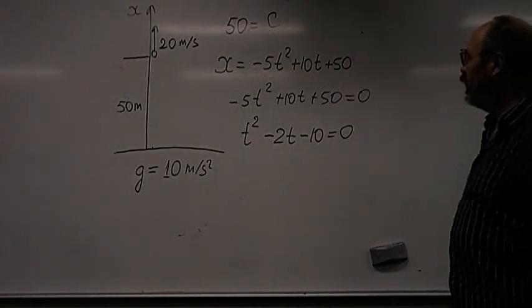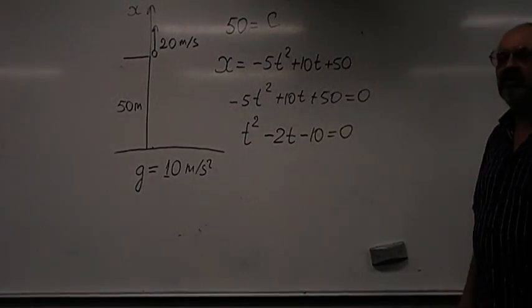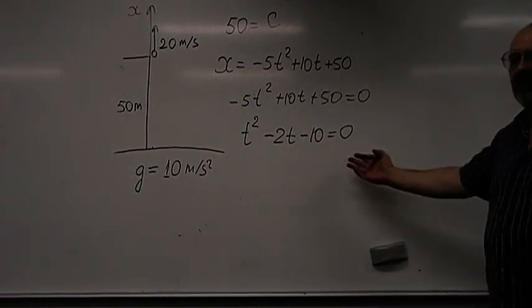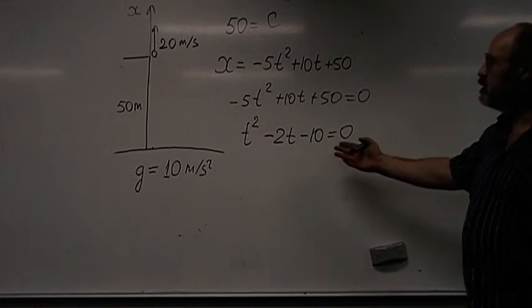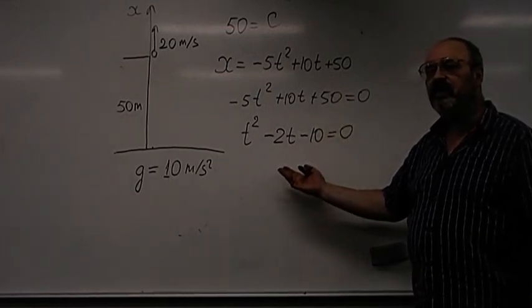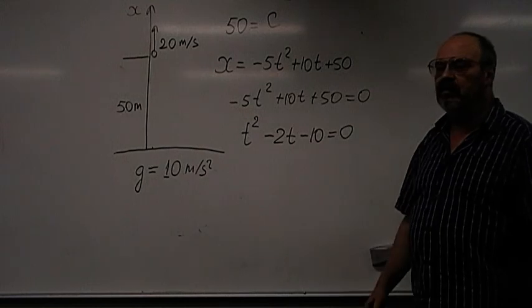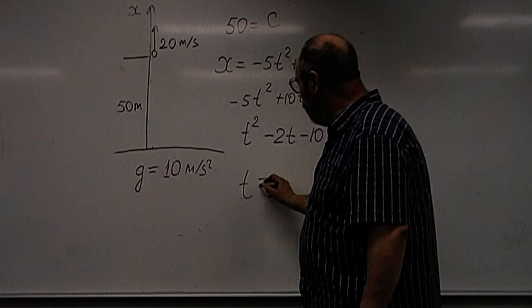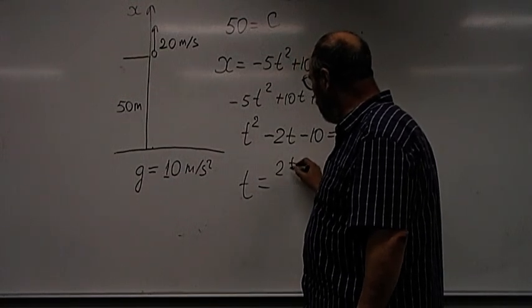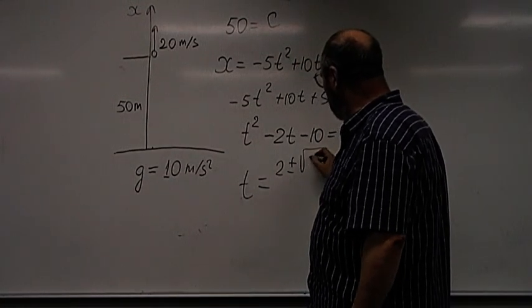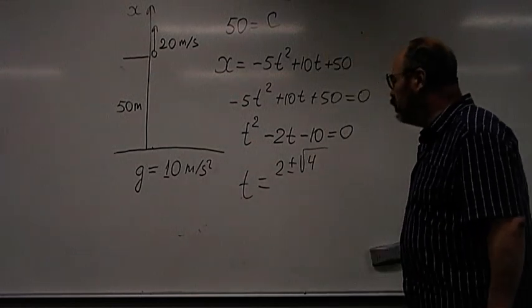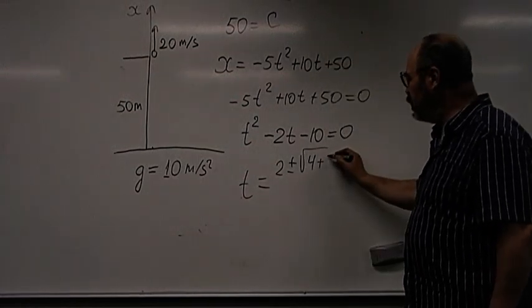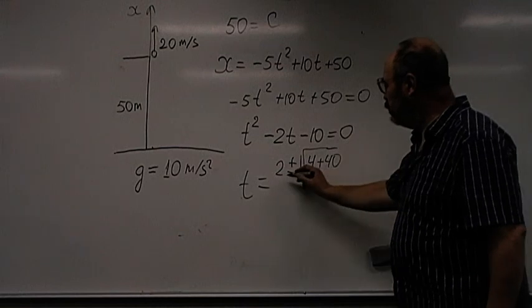So we have t squared minus 4t minus 10 equals 0. This one does not factorize to whole numbers, so we need to use the quadratic formula. t equals negative b plus or minus the square root of b squared minus 4ac, so plus 40, over 2.